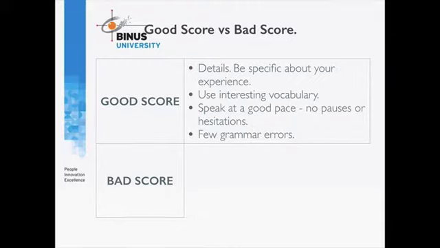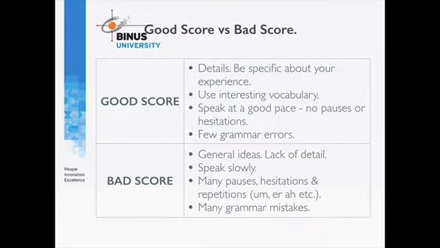So a bad score, of course, is going to be more or less the opposite: more general ideas and a lack of detail, speaking slowly, using pauses like that, and making grammar mistakes.